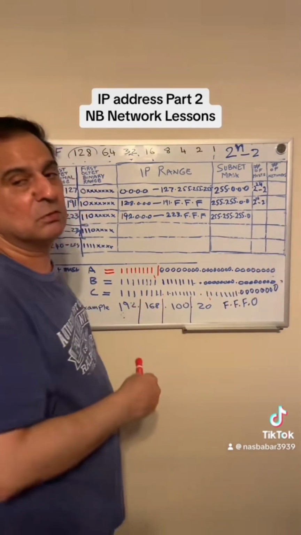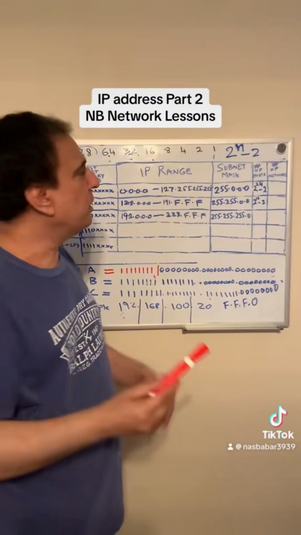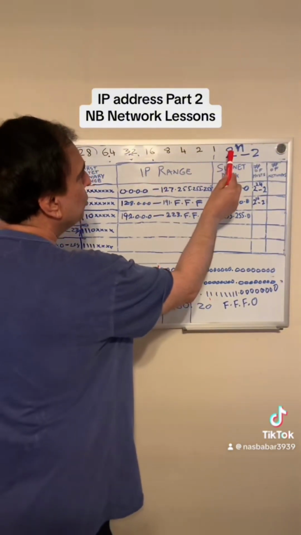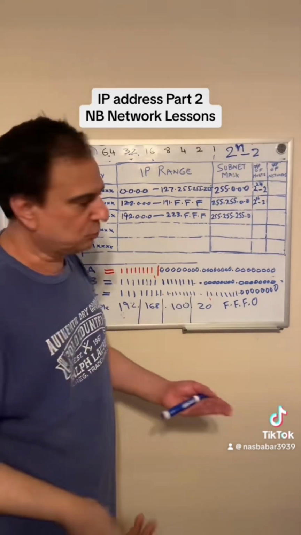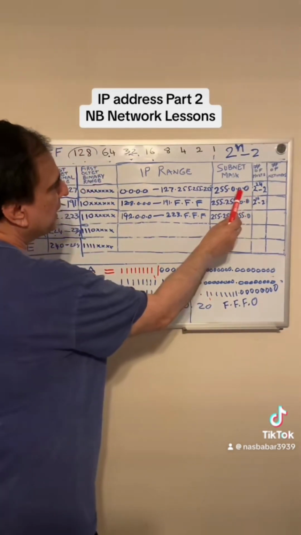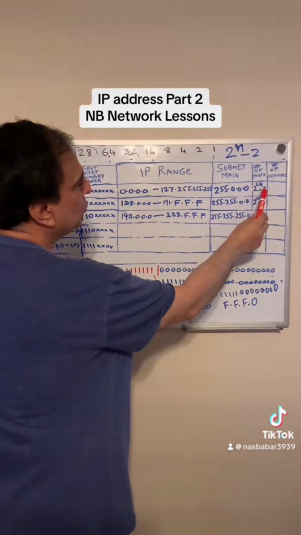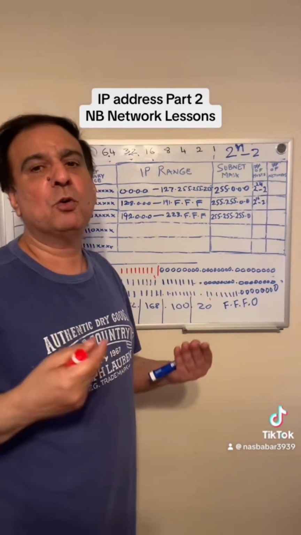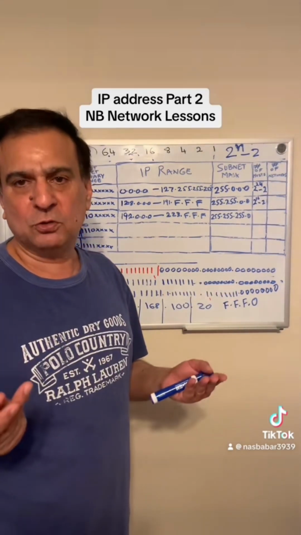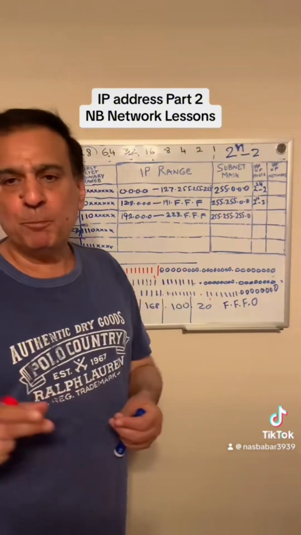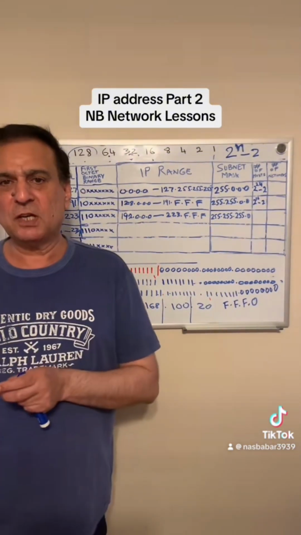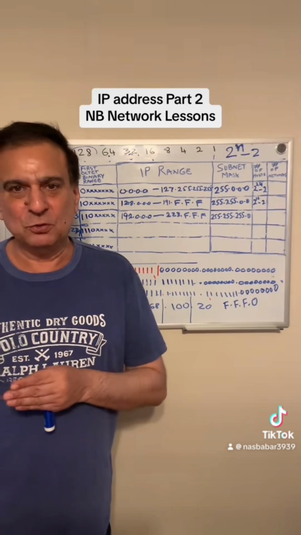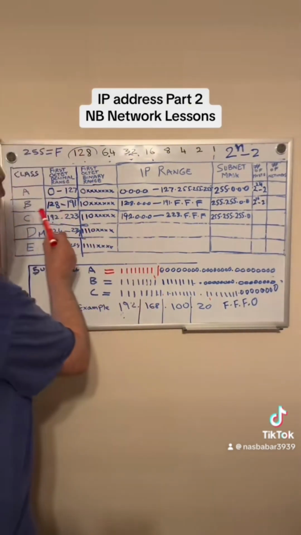Number of zeros, 8 times 3 is 24. The formula is 2 raised to the power n minus 2, where n is the number of host bits. So in class A, 2 to the 24 minus 2 will give you the number of hosts. Why do I have minus 2? Because you have a network IP which you cannot use, and then you have a broadcast IP which you cannot use. Same thing, let's move on to class B.